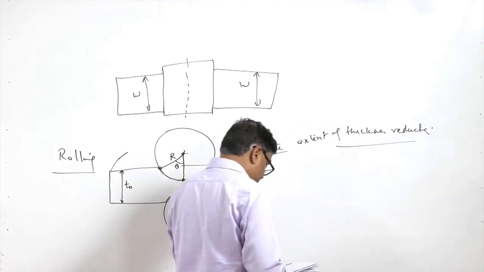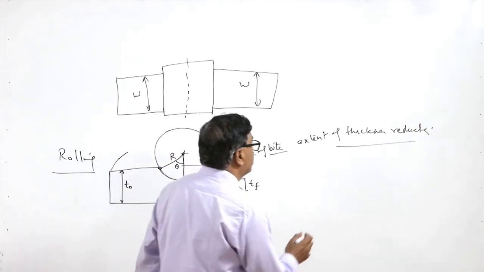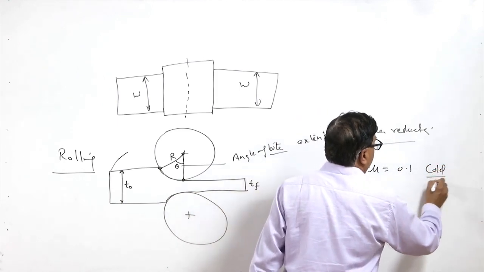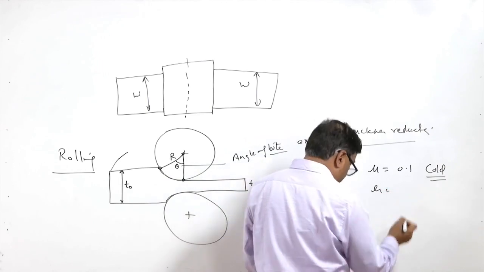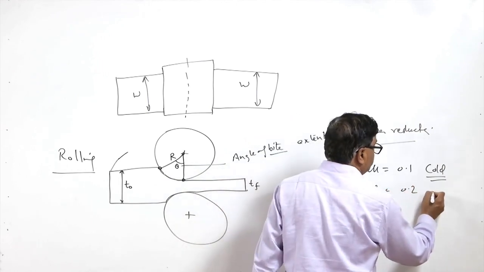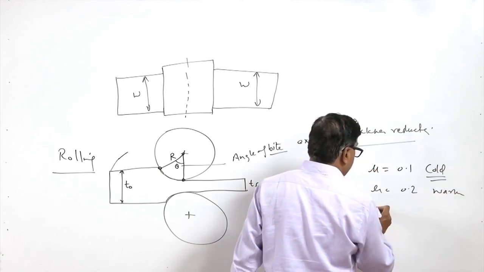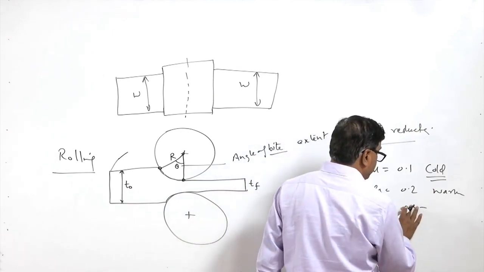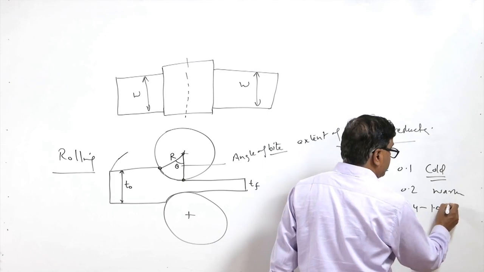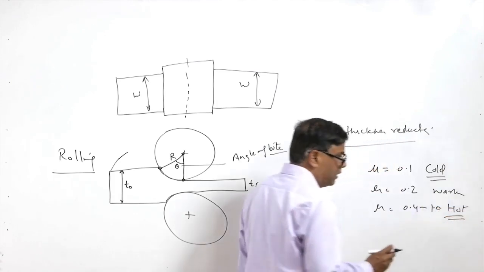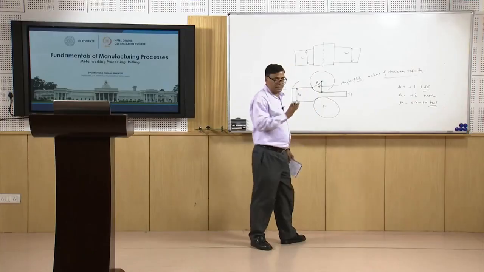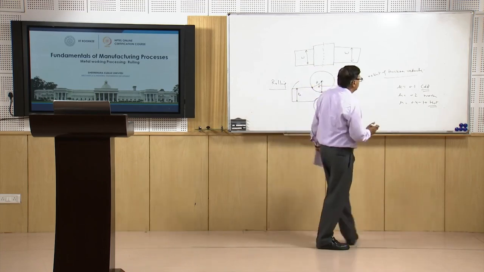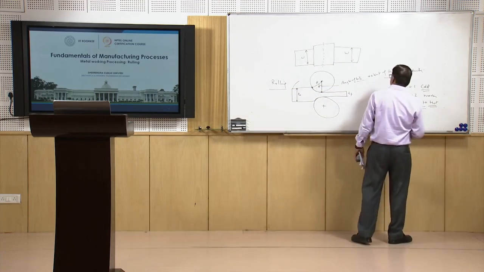The coefficient of friction mu is found to be 0.1 for cold working, 0.2 for warm working, and 0.4 to 1.0 for hot working conditions, because at high temperature the metal gets softened and forms more grip between the mating surfaces, which in turn increases the friction coefficient.